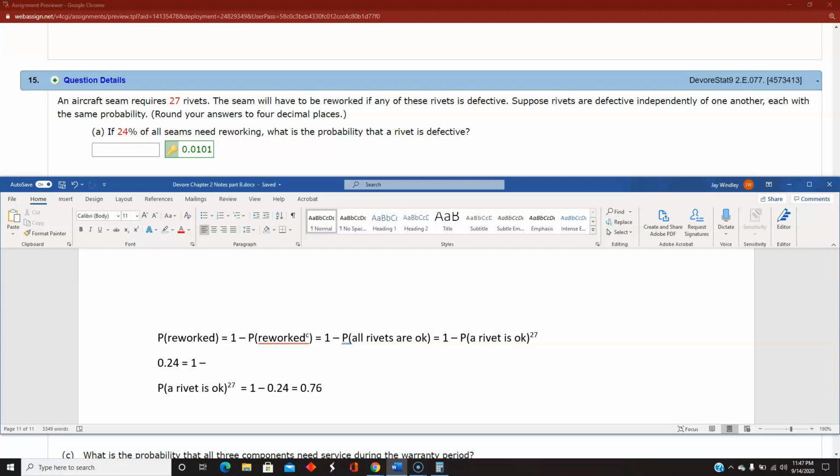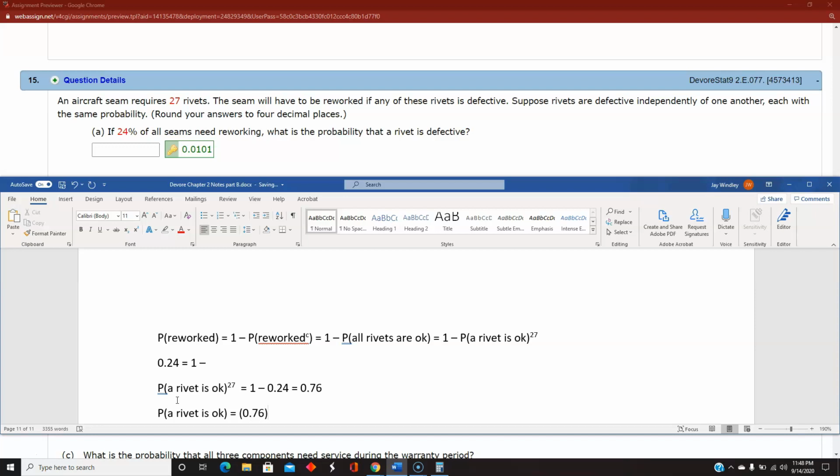So now I have to take the 27th root of each side. The probability that a rivet is okay is 0.76 to the 1/27th power. So I need parentheses around this.